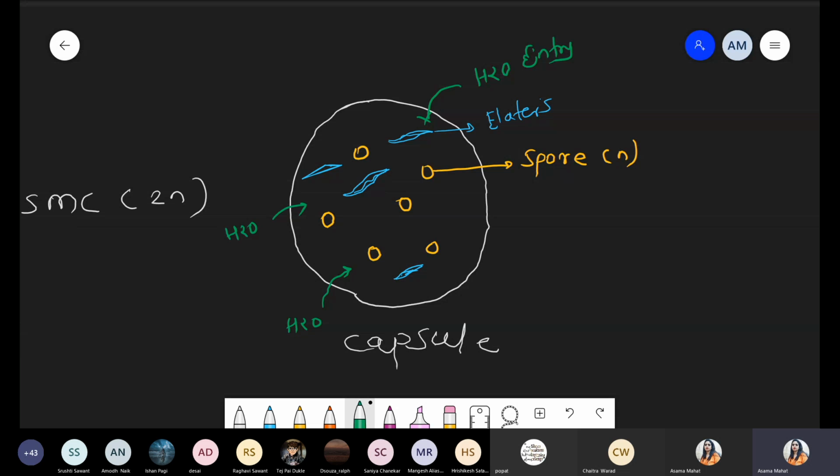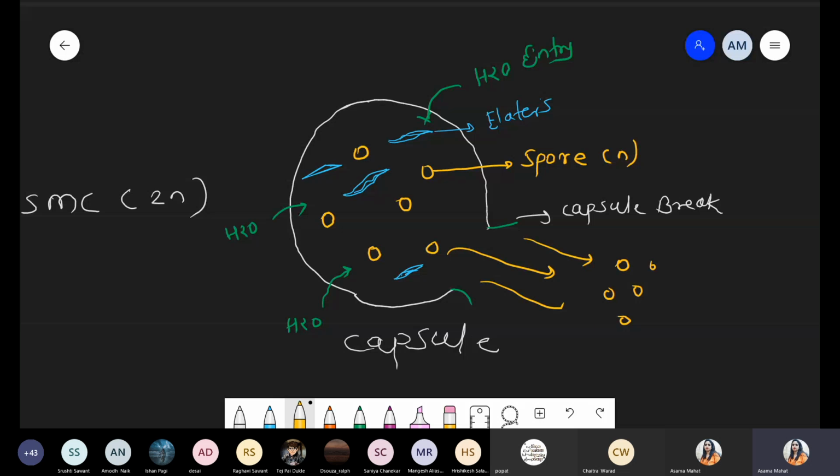Due to swelling of this capsule, there is a breakdown of the wall due to entry of this water. The capsule breaks, and once the capsule breaks, one by one the spores that are present get released.